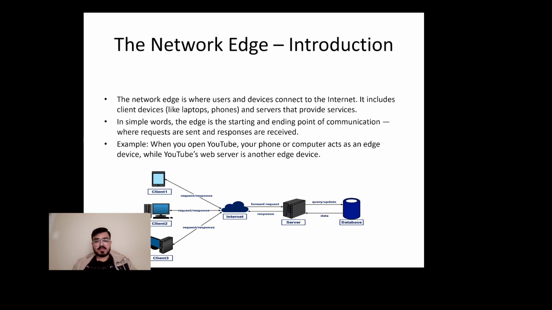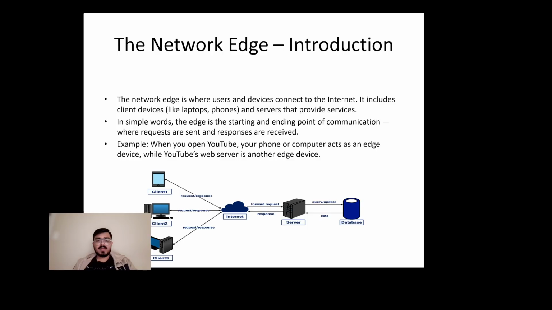So let's move to the next slide, the network edge introduction. The network edge is the point where devices like laptops, phones, and computers connect to the internet. This is where users, people like us, send and receive information. You can think of the edge as the starting and ending point of data communication.